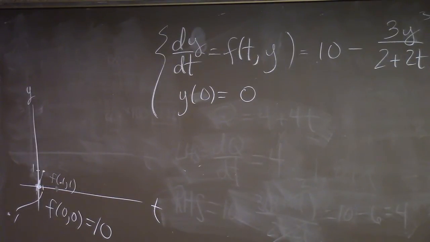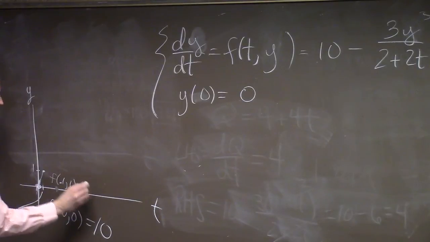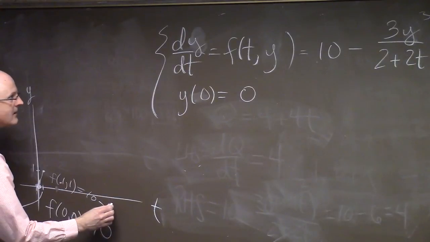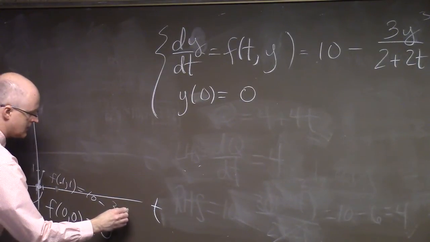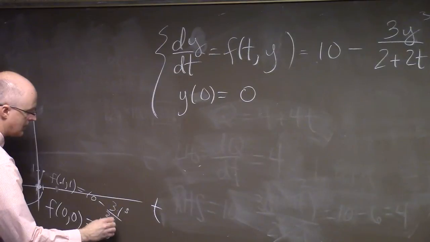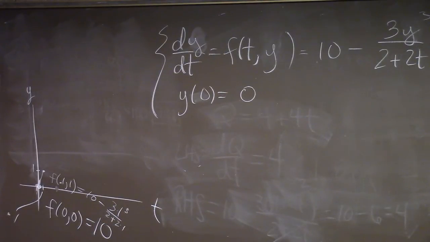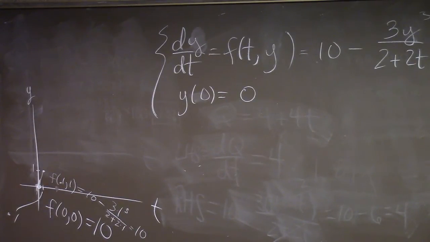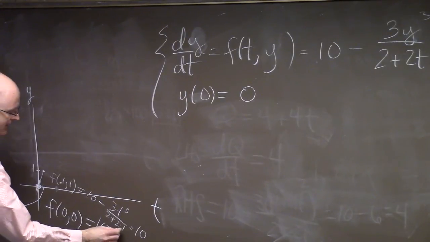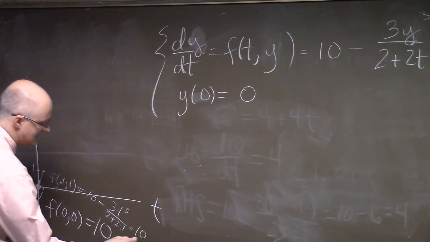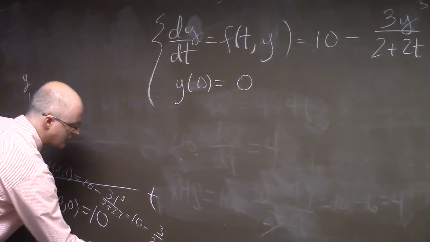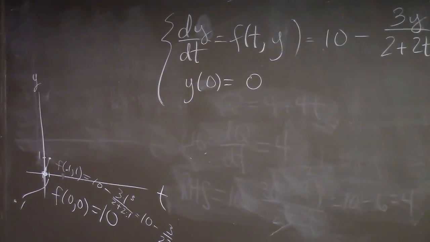Plug it into f, the right-hand side function for the differential equation. 10 minus 3 times 1 cubed over 2 plus 2 times 1. Stop me if I make a mistake. Oh yeah, I made a mistake. t is 0.1. 10 minus 3 over 2 plus 0.2 is 2.2. Right?